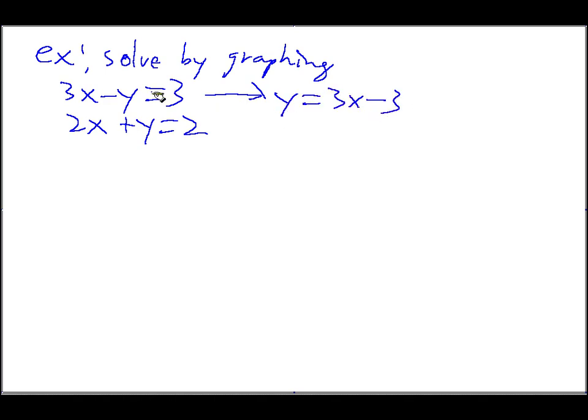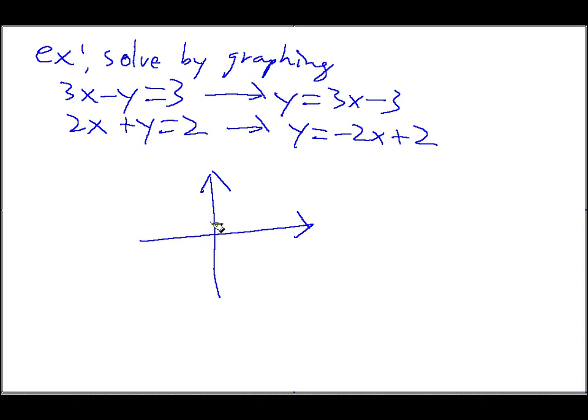Hopefully you see that after you solve for y. Not too bad. For the second one, just subtract 2x, so y is going to be negative 2x plus 2. Again, check the algebra. I'm not going to show you the algebra on getting y by itself now. We should be familiar with that concept at this stage. So let's look at the sketch of these two lines. You're going to do the best you can to draw it out.